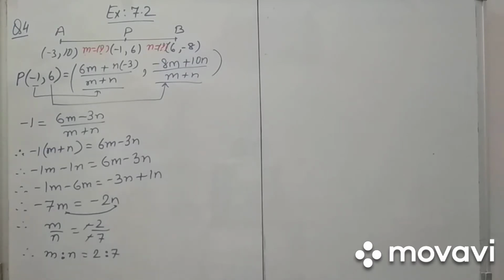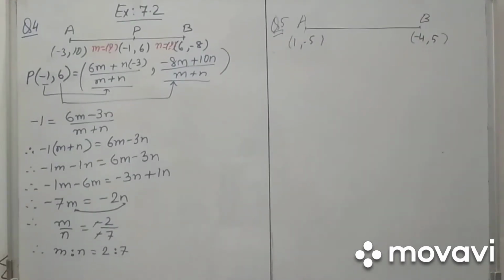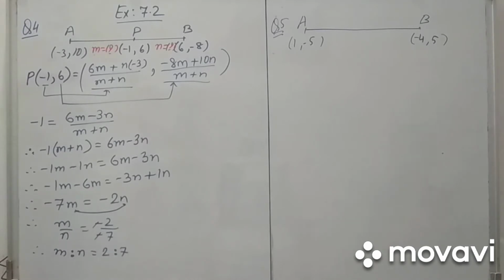Now let's see question number 5. Find the ratio in which the line segment joining the points A (1, -5) and B (-4, 5) is divided by the x-axis.